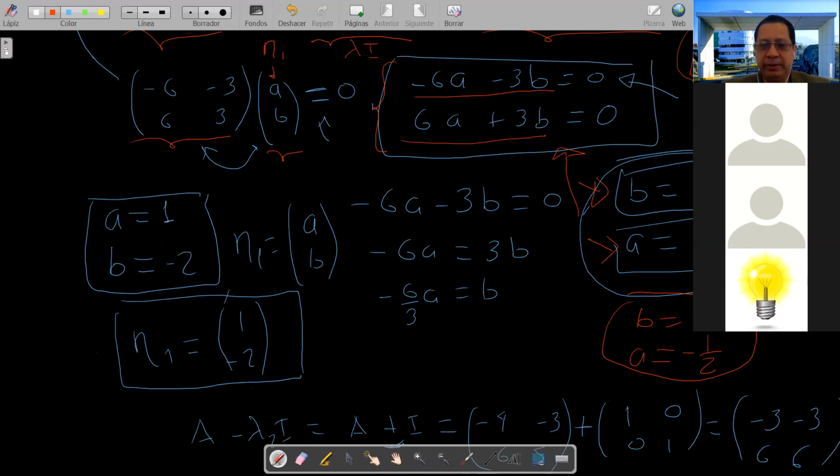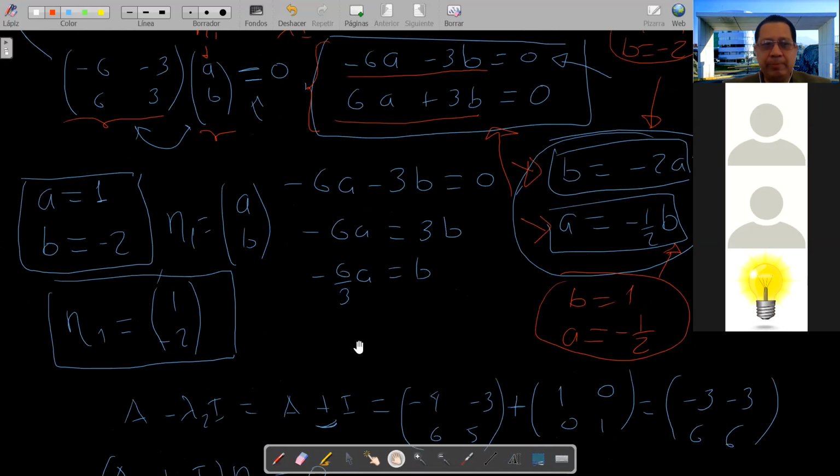But we can use b equal to 1 and a equal to -1/2. And as you can see, this is a multiple of the first. If I multiply this eigenvector by -1/2, we will get the first.